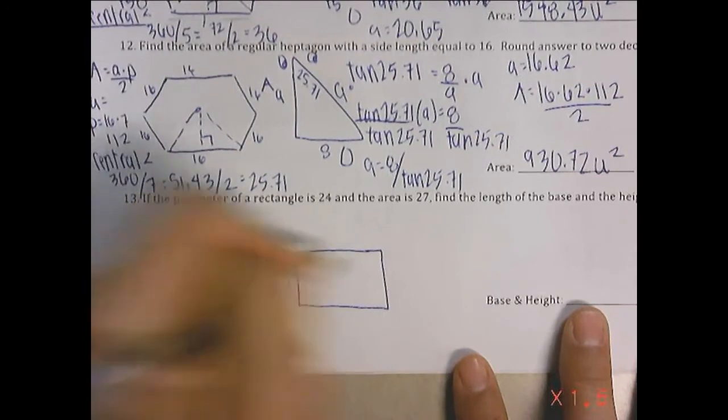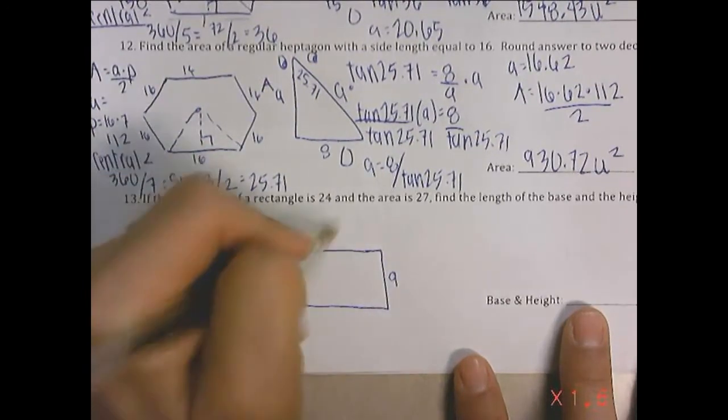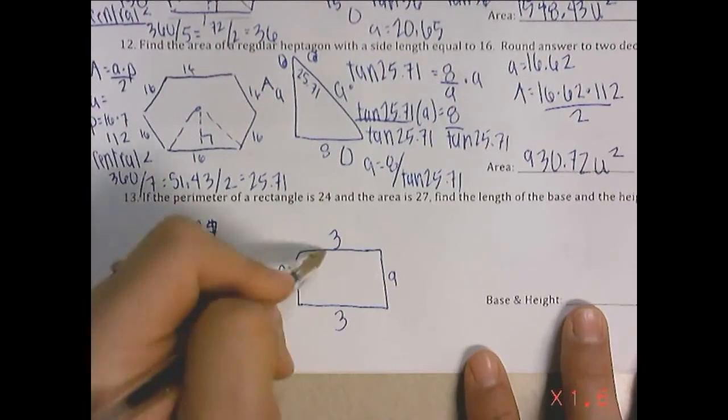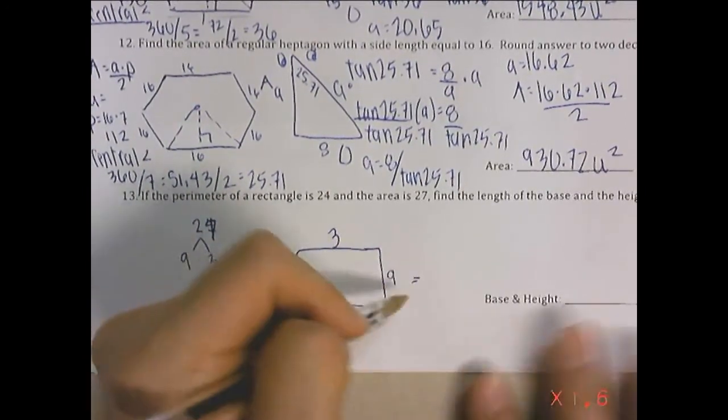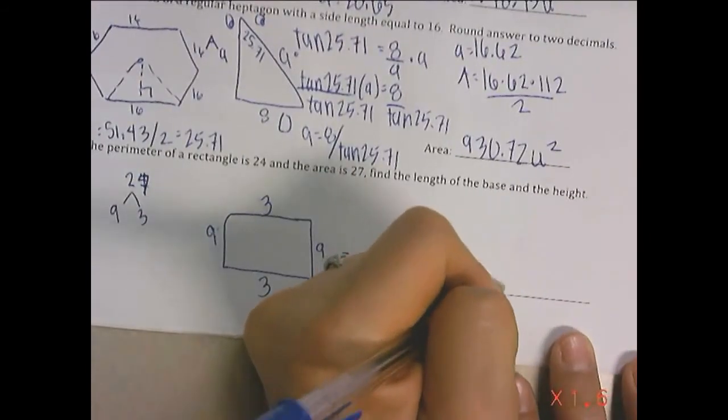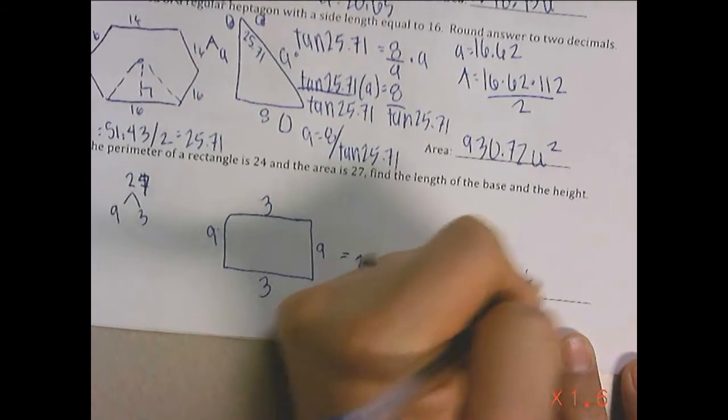So here's 9 and 9 and 3 and 3. Those probably should have been put on the other sides. And if I add them together, they do equal 24. So my base and height are 3 and 9.